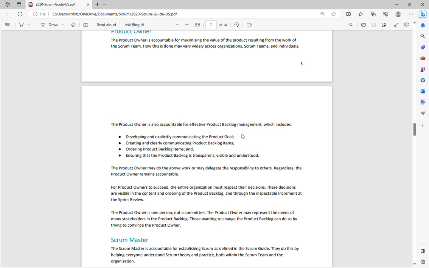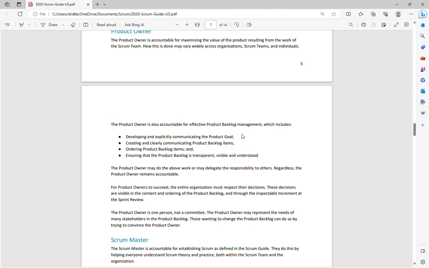The product backlog is the detailed list of potential product features or the product issues that need to be resolved, and it is created by the PO only, and the PO is responsible for prioritizing it and for sharing it with the development team.